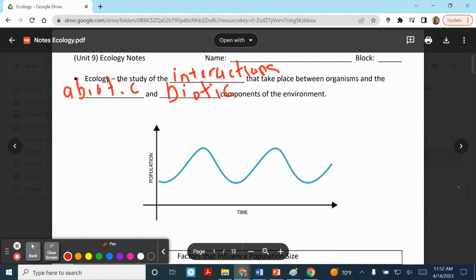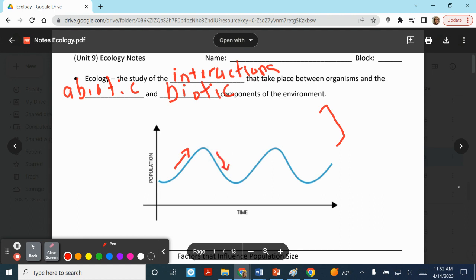But note that you're going to see several questions that contain graphs that might look like this. It looks like we have a population and we see it changing over time. You should be able to look at those population changes and explain why the population is increasing during this period of time, and what is causing the population to go down during this period.